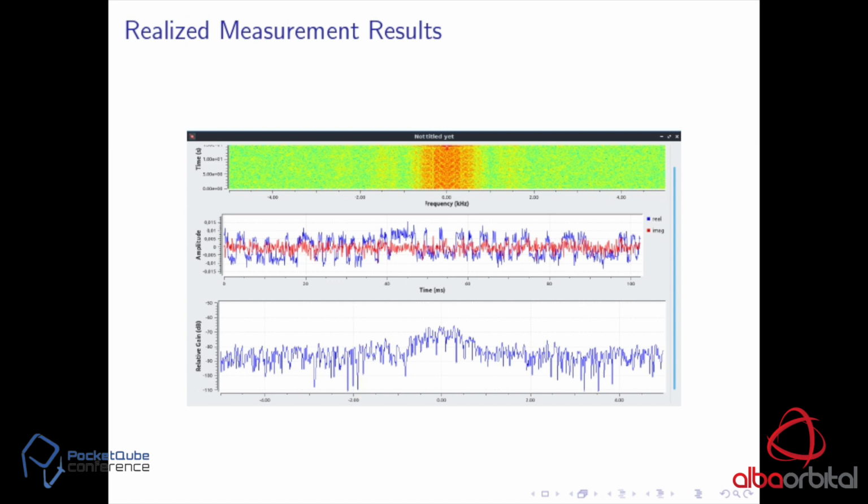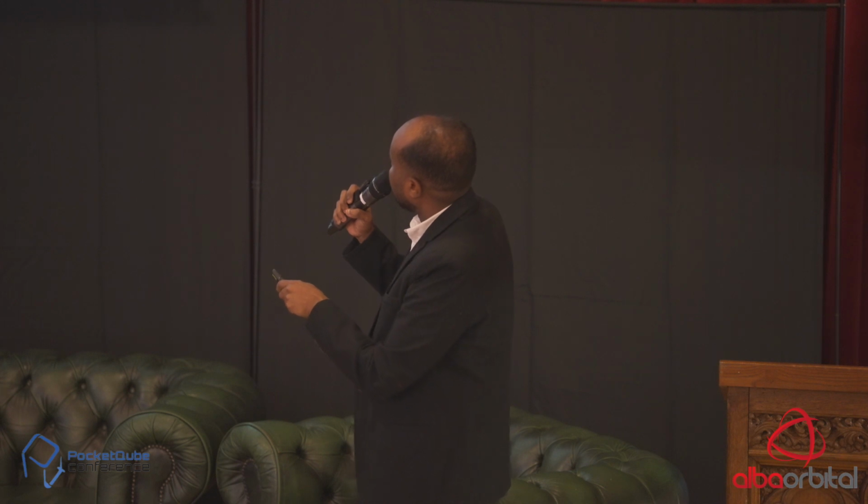As we see here in the measurement results, this is the waterfall diagram of the reflected BBSK modulated signal, and this is the imaginary and real part of the reflected signal.